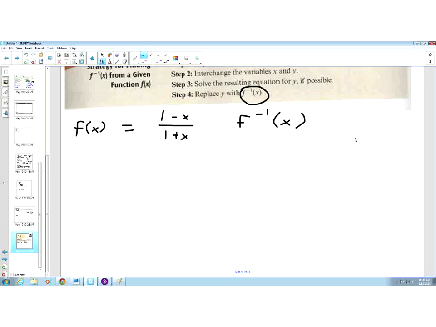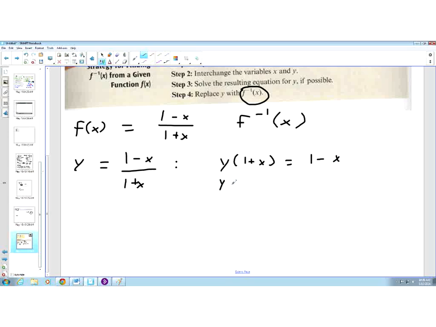So we'll use the strategy. Step 1, replace f of x with y. So y is equal to 1 minus x divided by 1 plus x. And then we solve for y. To solve for y, I'll cross multiply. So I'll have y times 1 plus x is equal to 1 minus x.